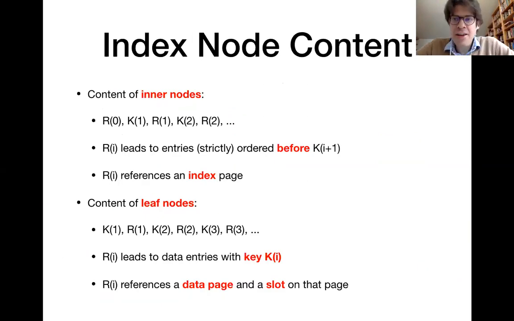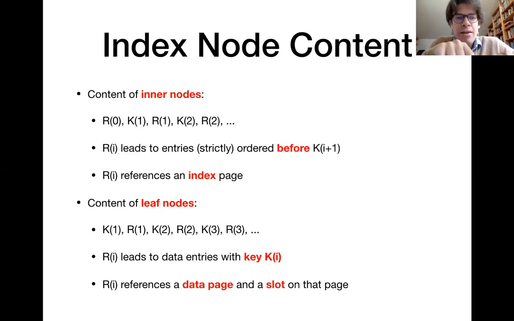All right, so here, to make things a little bit more formal, is a description of the content that we have in those different types of nodes. In the inner nodes of the index, we have those index entries, and the content that they store alternates between references to index pages and search keys. So we alternate between the two, with the semantics that the references point to entries that are strictly ordered before the key that you find next.